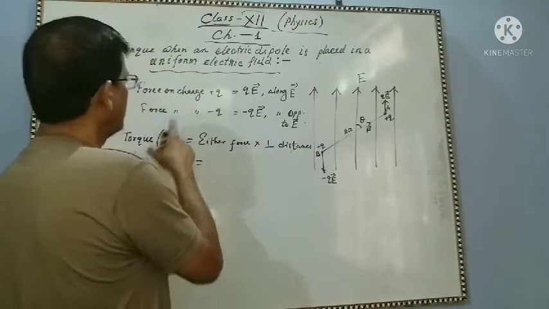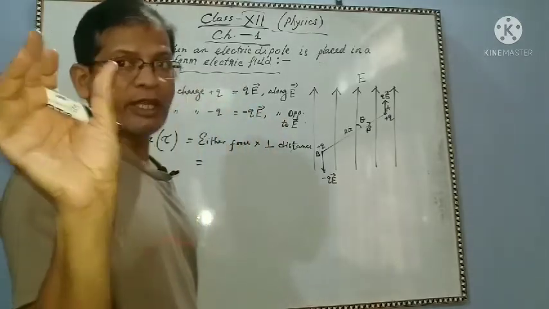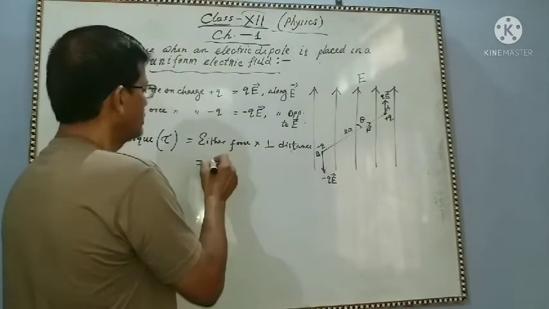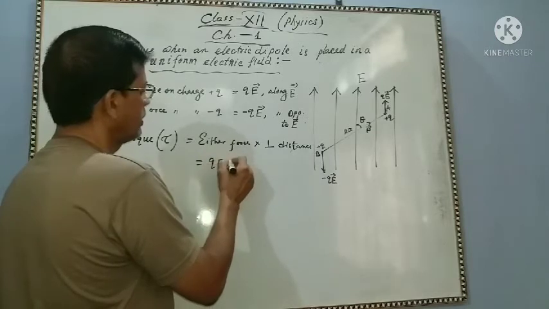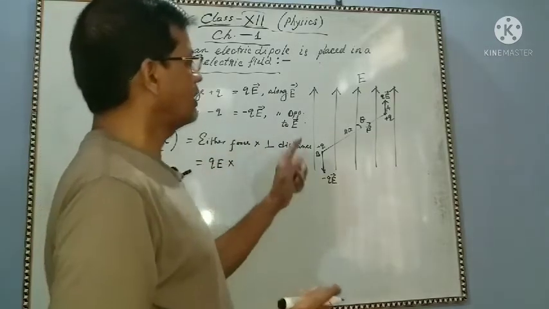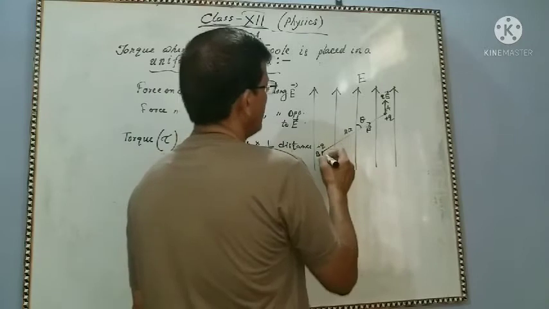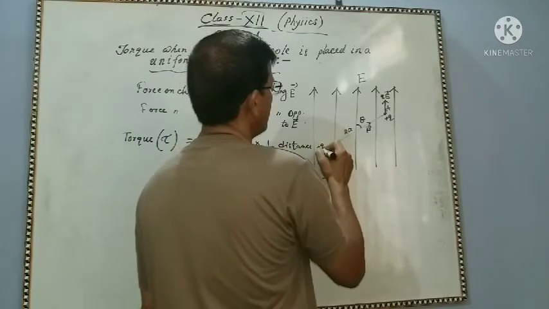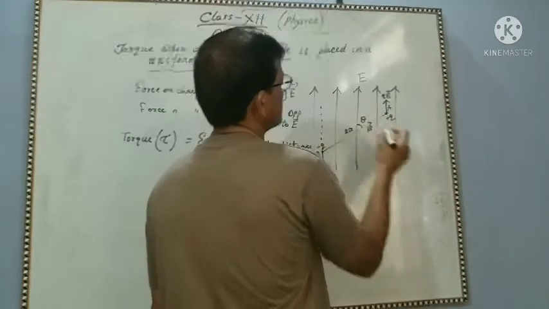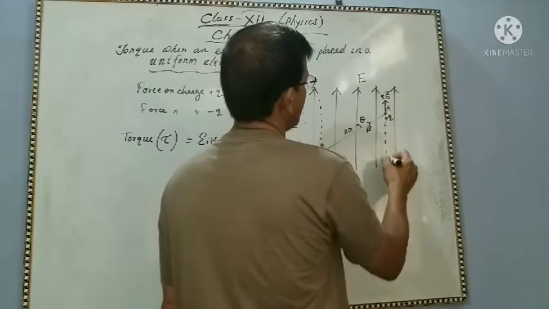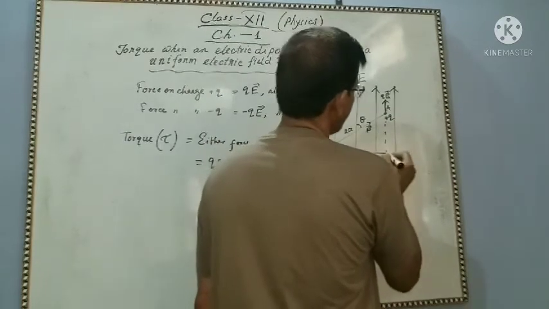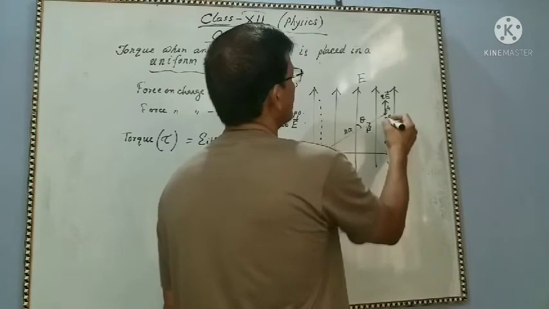Force how much? QE. We will take only the magnitude. So this is QE. Perpendicular distance: its line of action is this, its line of action is this, and the perpendicular distance is this.